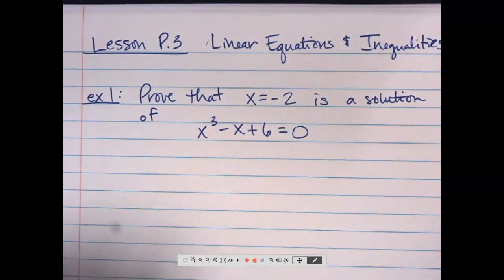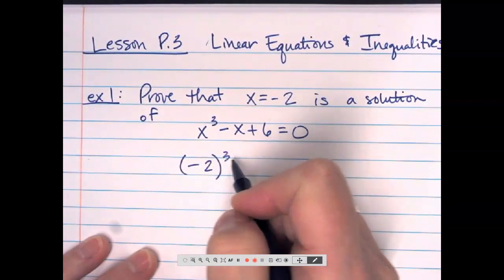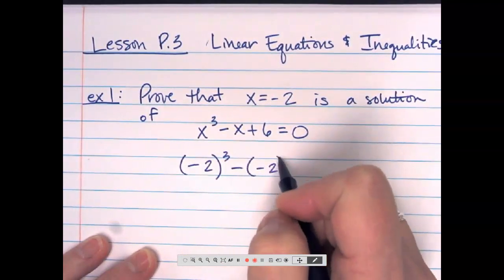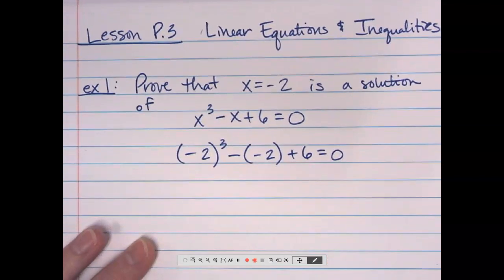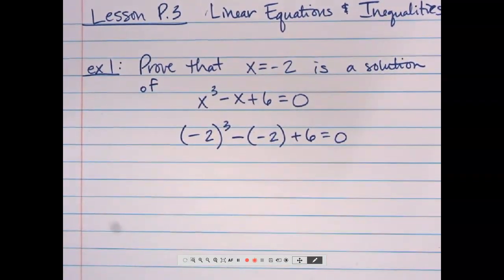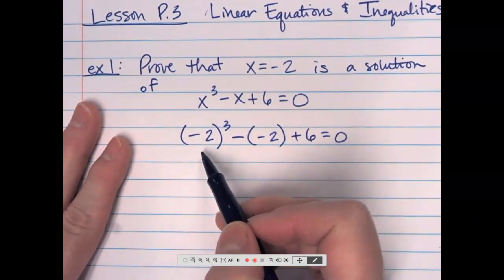Sub it in, okay? If you need a calculator, grab one, but I think we can do this one without. Okay, so I'm not asking you, is this a solution? Basically, I'm saying it is, just verify it. So when I sub it in, I should get 0. What is negative 2 cubed?